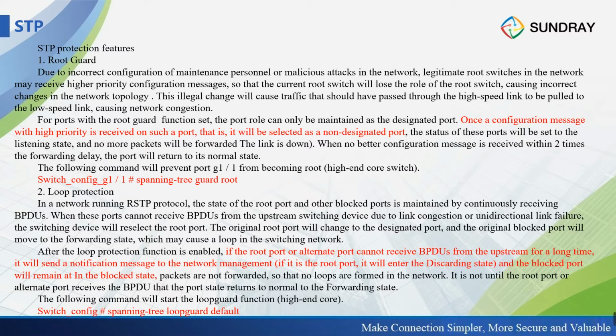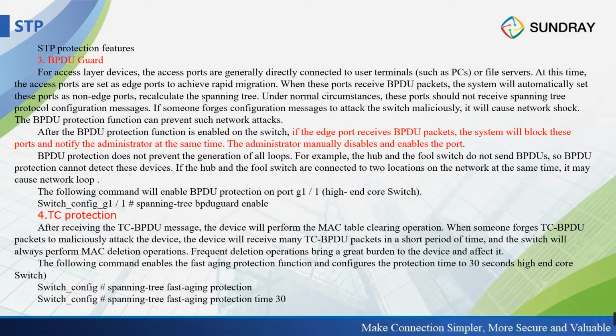But once it's open, you have a loop in the network. So after we enable loop protection, if this port cannot receive its BPDU packet, it will keep waiting and send a notification alert to the IT managers.